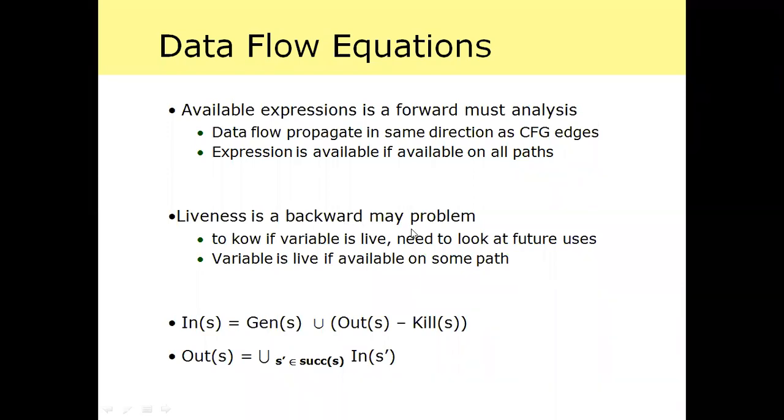When it is a backward may problem, to know if a variable is live, we need to look at future use, or else a variable is live if it is available on some path. These are the two constraints under liveness being a backward may problem. One is forward must and another one is backward may; both are important properties of data flow analysis.